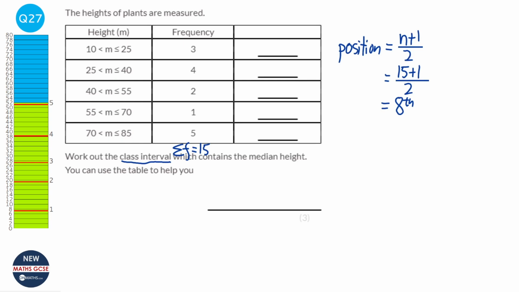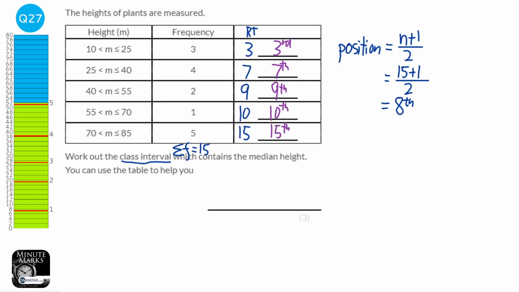To easily find out which group the median is in, what we do is a quick running total. So what I'm going to do is add up the frequencies as I go along. So we've got 3 there, 3 plus 4 is 7, plus 2 is 9, plus 1 is 10, plus 5 is 15. And then what I do is just convert those into 3rd, 7th, 9th, 10th, and 15th.